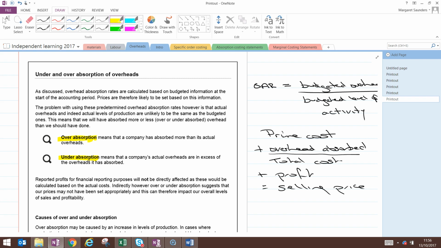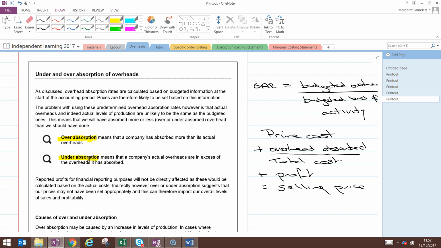Now this can have an effect on our expected profits. If we had calculated the profit that we expected based on our overheads absorbed, and we then discover that we've actually over absorbed, it means that our actual profit will be higher than we expected it to be.